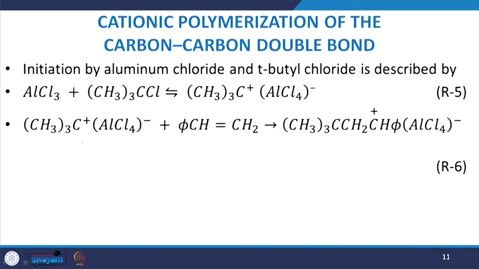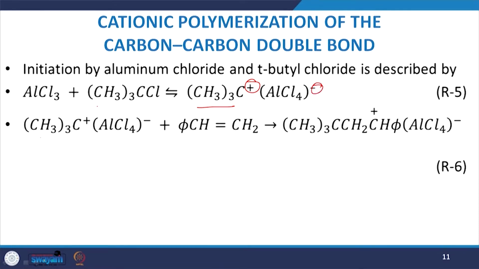Now, initiation by aluminum chloride and tertiary butyl chloride is usually described by this particular reaction, AlCl3 plus (CH3)3CCl gives (CH3)3C+ AlCl4-.